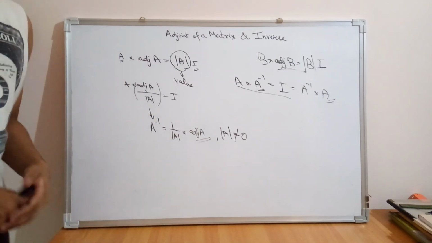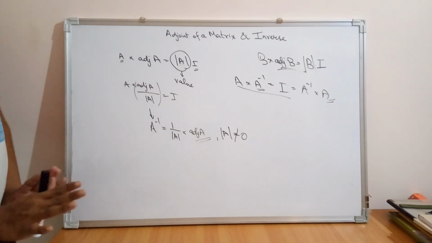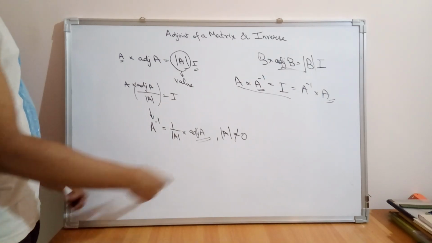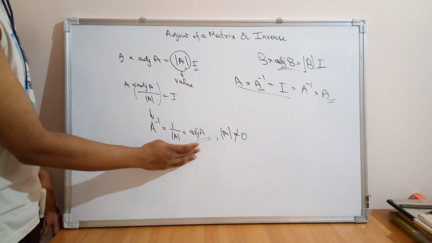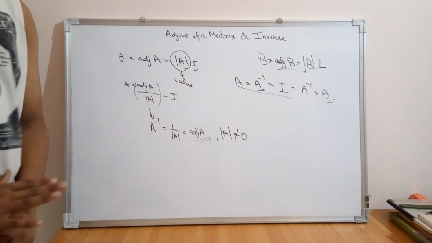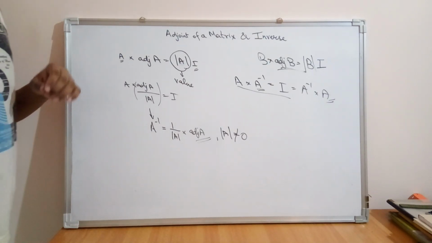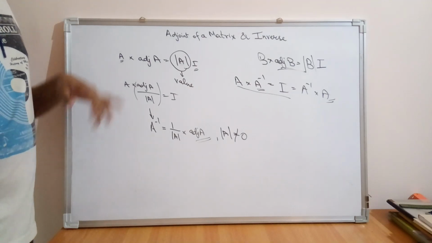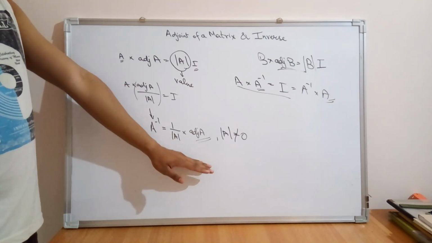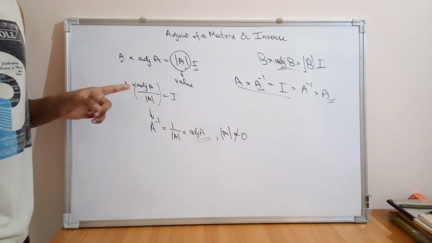Then we are going to get a real number, and we are going to get a particular matrix. This adjoint A is a matrix and this is also a matrix. So we can just tell that every singular matrix cannot have an inverse.